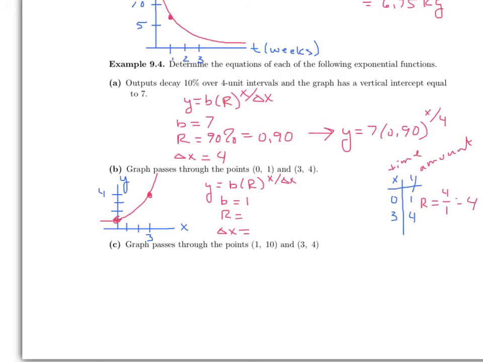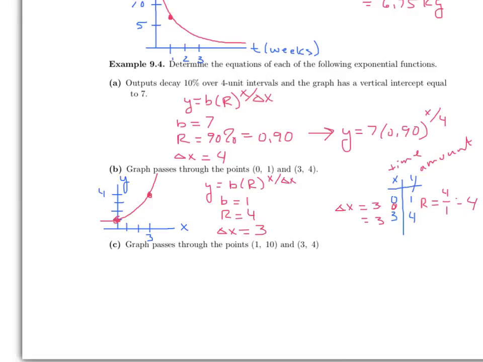Well, that's where we have to look at our time interval. X ranged from 0 to 3, so the time period was 3 units. That's the delta x. So delta x is 3 minus 0, which is 3. So r is 4, delta x is 3.